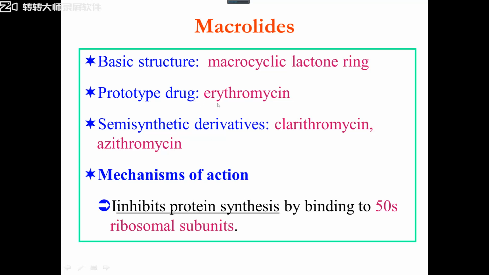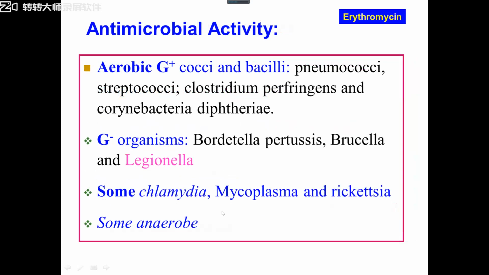Yes, erythromycins, macrolides, can inhibit protein synthesis by binding to the 50S ribosomal subunit, so they inhibit bacterial growth. And now the antimicrobial activity of erythromycins, of macrolides, that means the pharmacological effects.